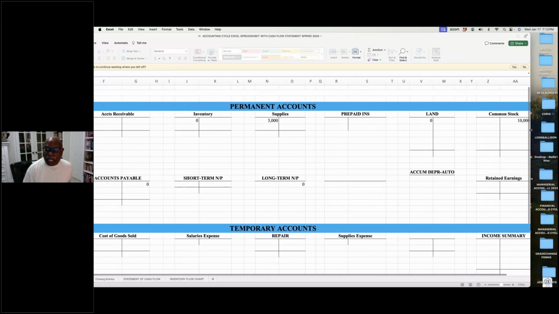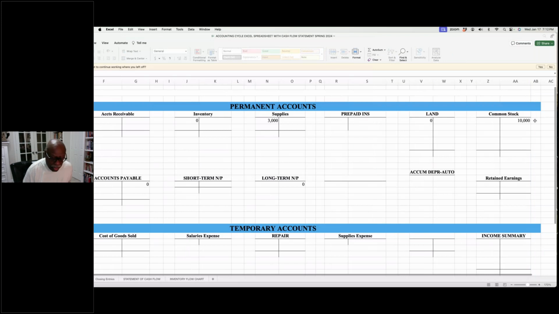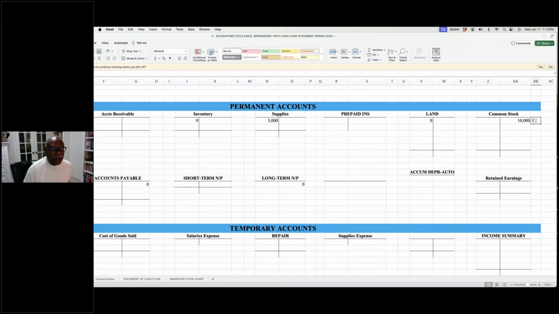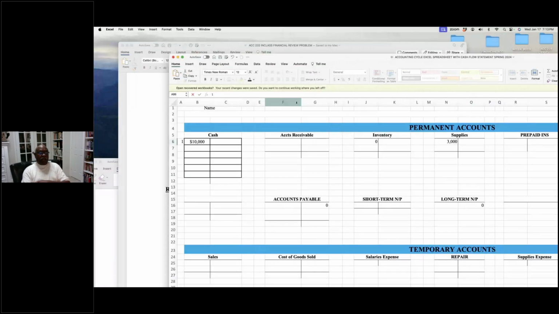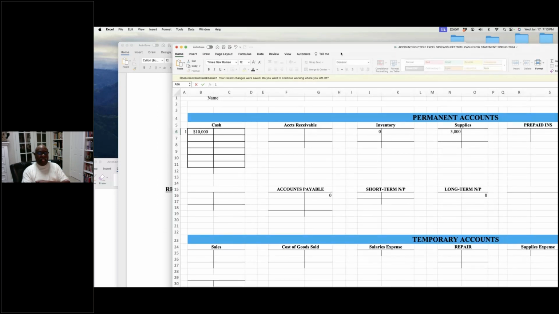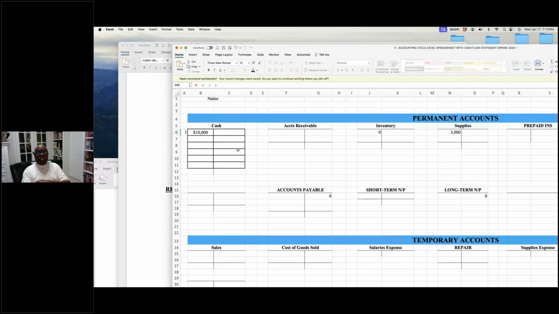We're going to credit common stock for 10,000, and we're going to put a 1 here. This helps us keep track of items if we have issues balancing out. So if you have these little notations in there, we know where they are. Any questions on what we just did? We're trying to find out how much cash we got and how much is in all the other accounts.